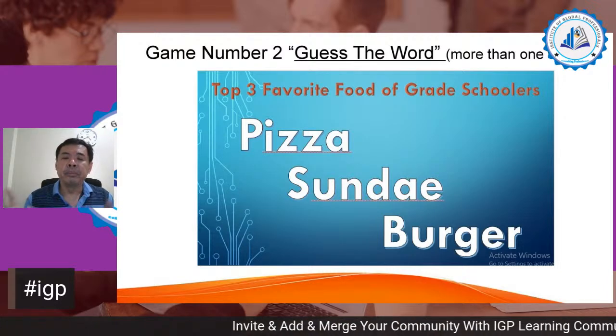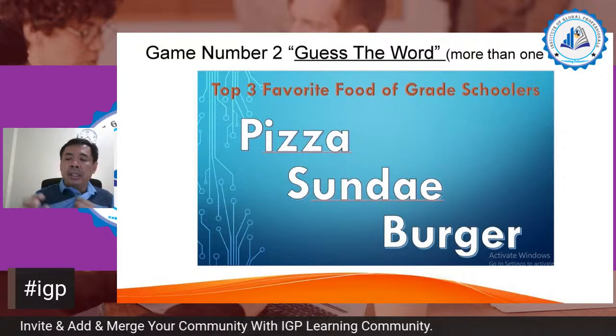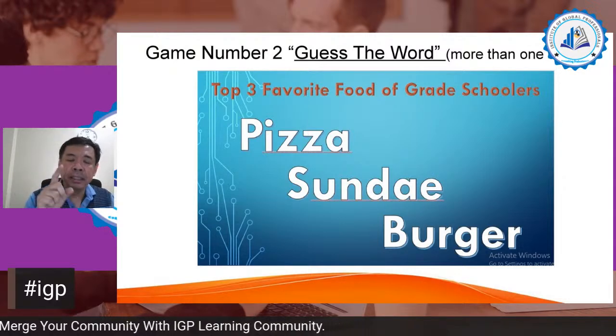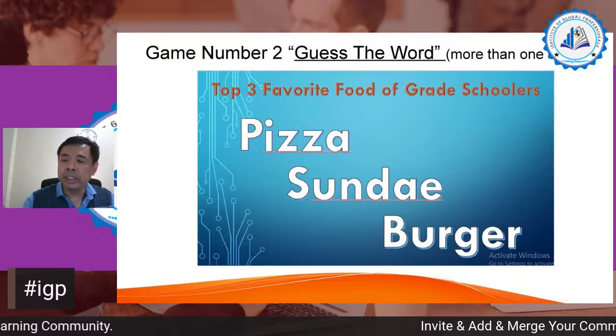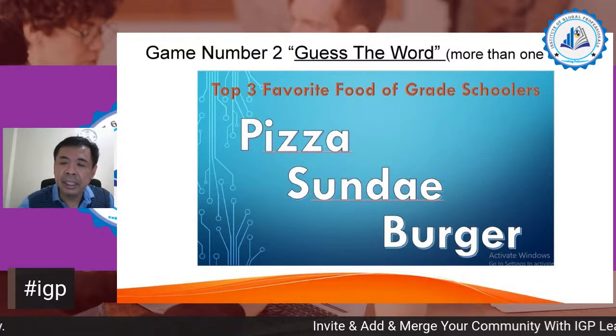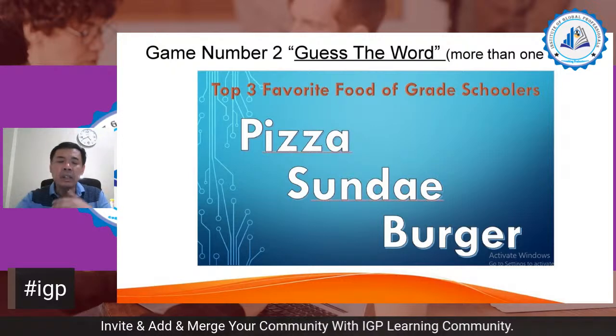So now in this guess the word, we want that if the student guesses the word sundae, you simply click S and the word sundae will show up. In other words, it will jump.